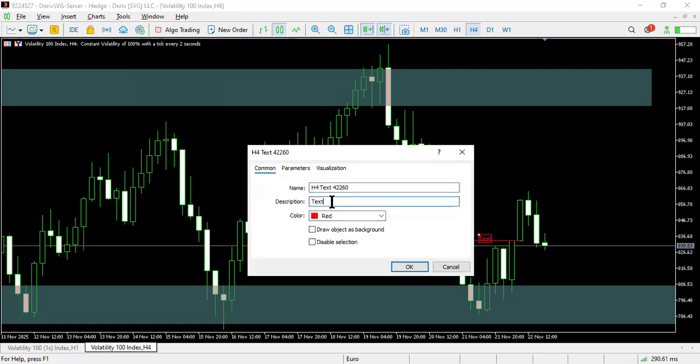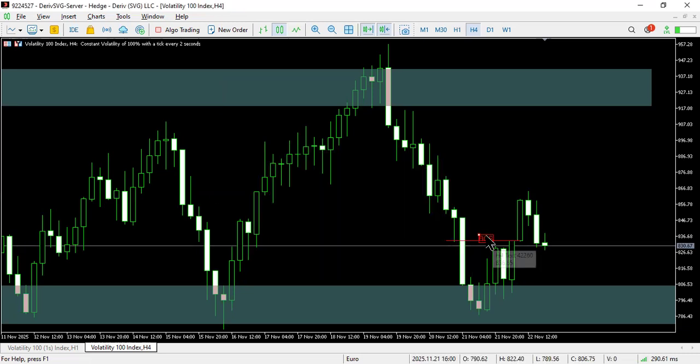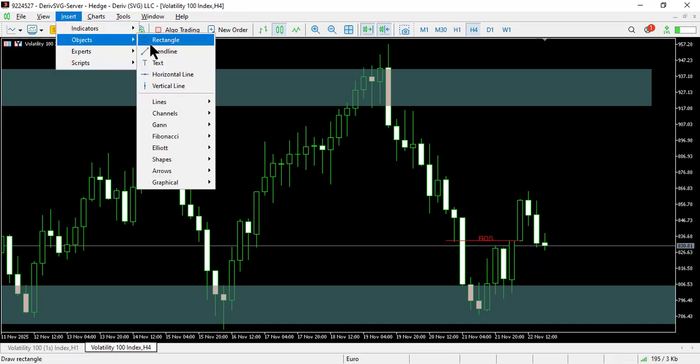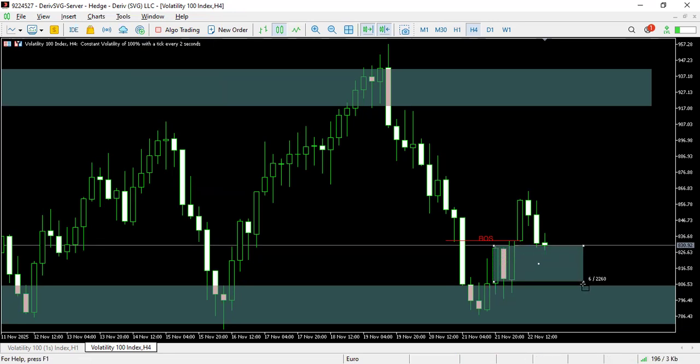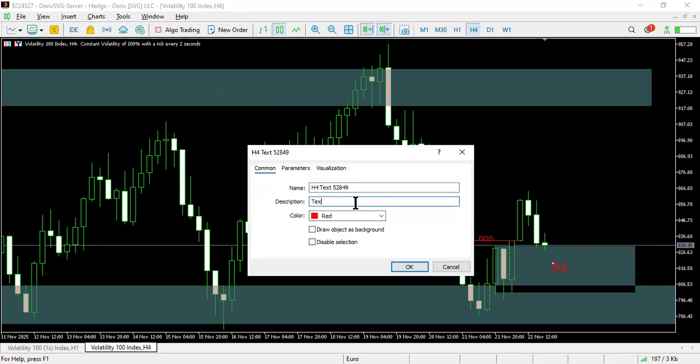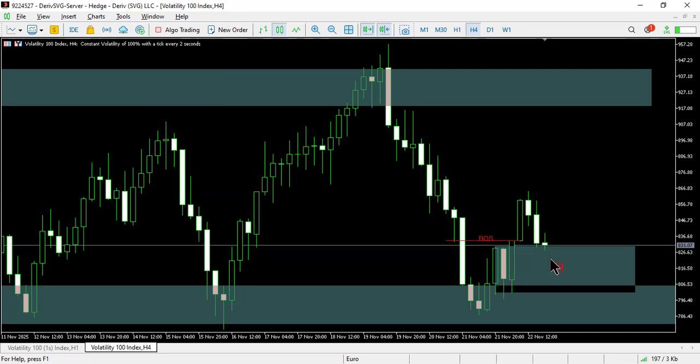So that is a break of structure. And then it looks like price is coming back to mitigate that order block, which caused the break of structure, where price is currently reacting.